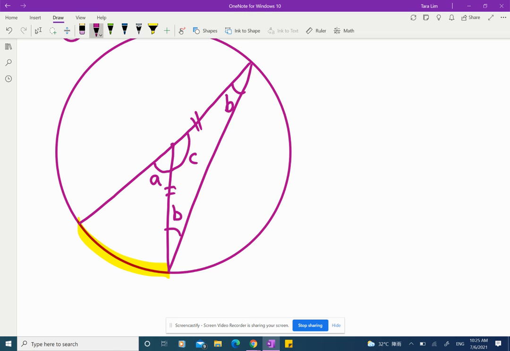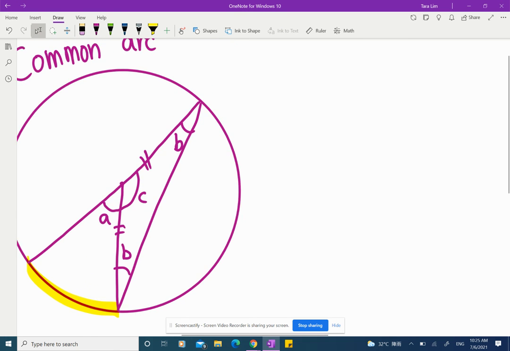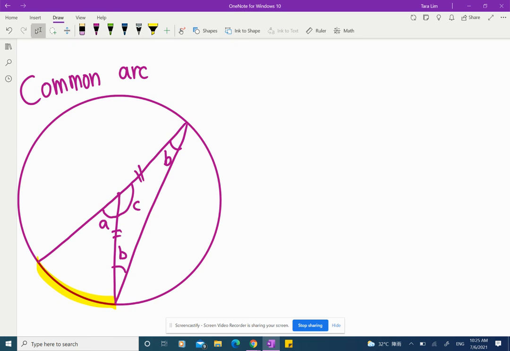Every time we draw a diagram, the first thing we should do is always label the letters first, because that way it will make it easier for you to do some working.